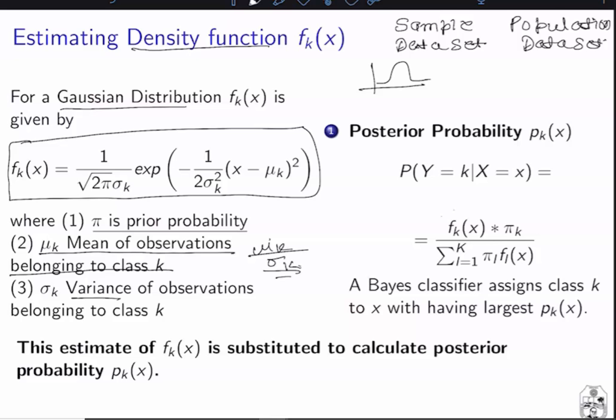In order to calculate the posterior probability, we need to plug this density function into this equation, which we have derived from the Bayes theorem. If we substitute this density function in this equation, then we can find the posterior probability or the classification probability.